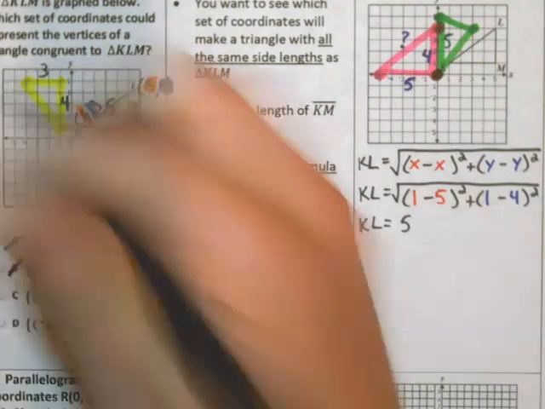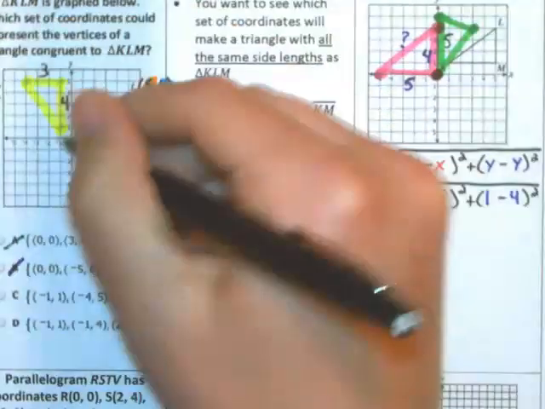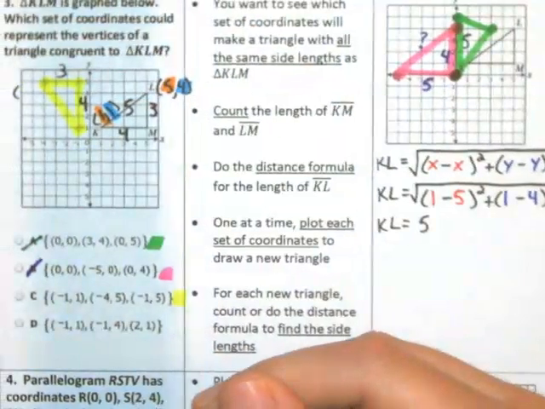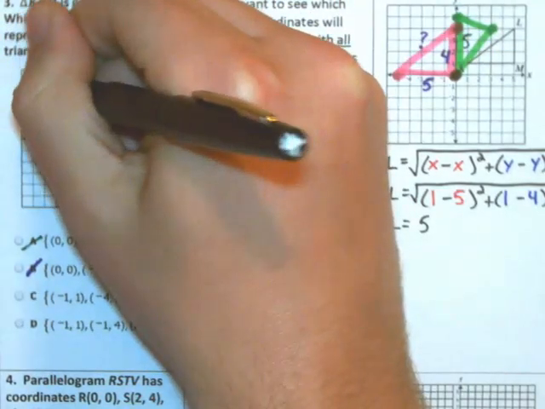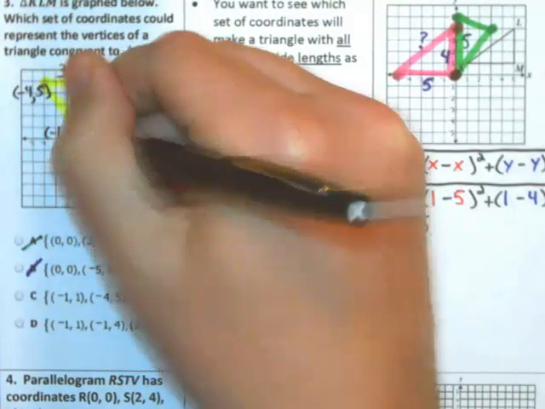So I'm going to write the coordinates for those 2 points of the last side. That was -4, 5. And this one was -1, 1.